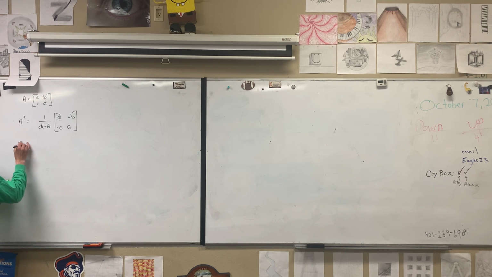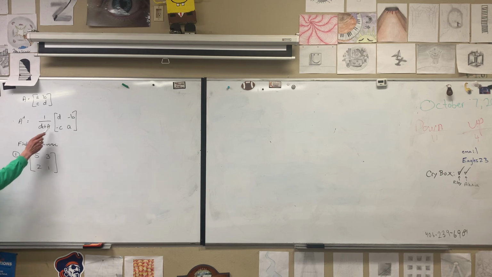So find the inverse of the matrix 5, 3, 2, 1. Now, what they'll want here is you're going to follow this. Okay, 1 over determinant.